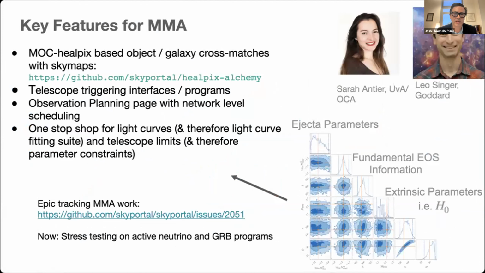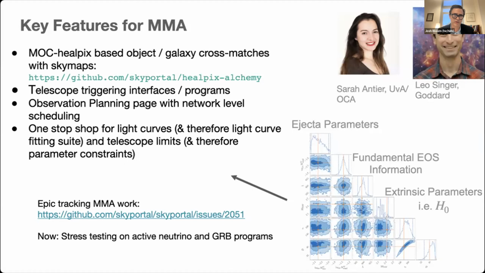So some of the key features is that we've been working with Leo Singer in particular on doing very fast and efficient galaxy cross matches using HEALPix within SQLAlchemy, trying to improve our telescope triggering interfaces, and working on our observing plans, not just for an individual telescope, but potentially multiple telescopes, so we can federate some of the work that's needed.